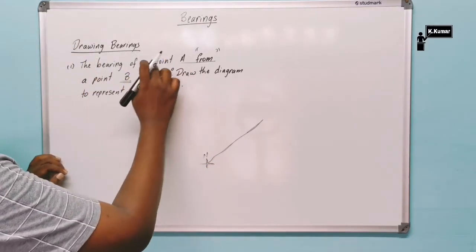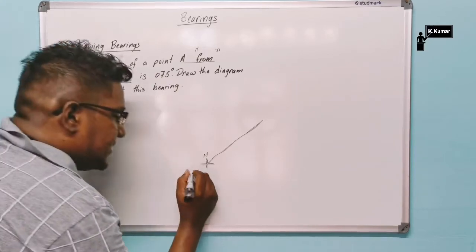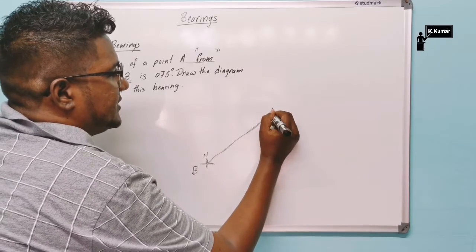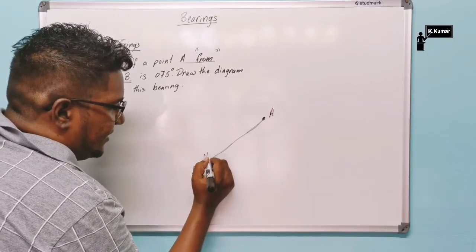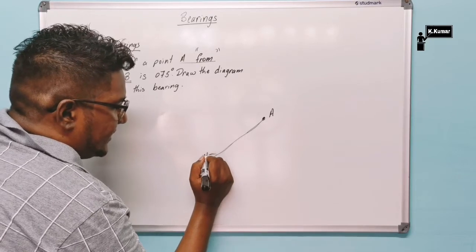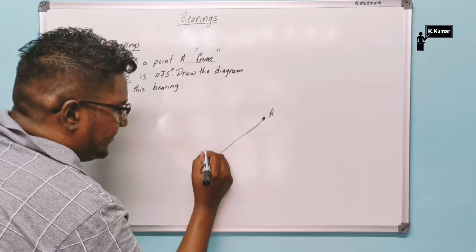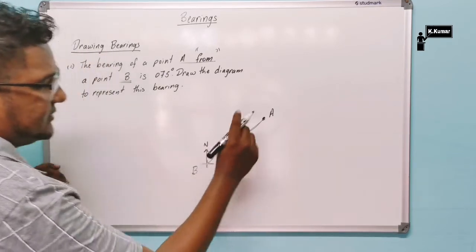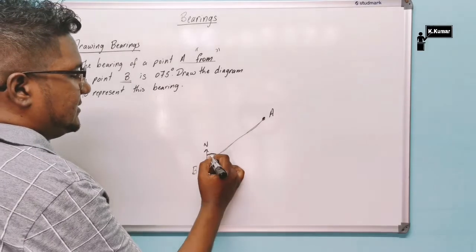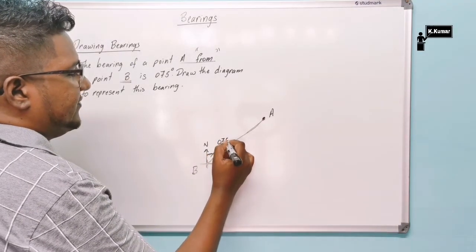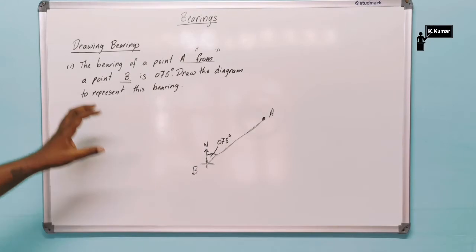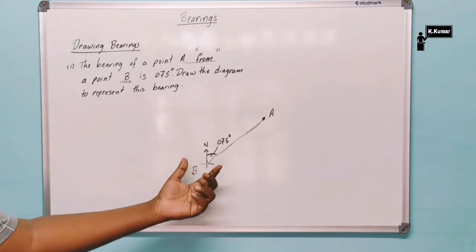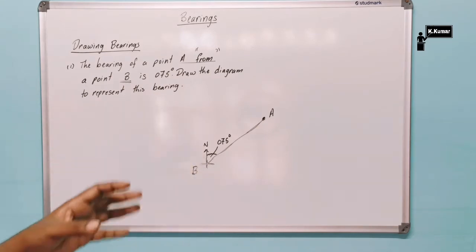And we're trying to find A from B. So this becomes point B, and here becomes point A. The angle formed here, between this north line and this bearing line, is 075 degrees. So this is how you draw a bearing diagram. You don't need a protractor. You just make an estimate and then you make a sketch of the diagram.